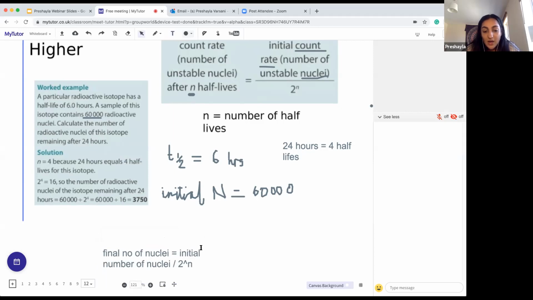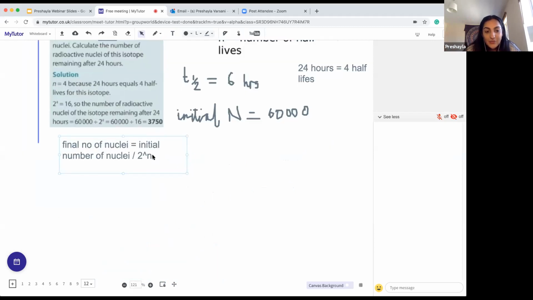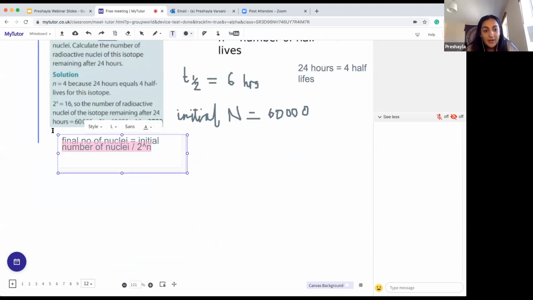Okay, so it's a nice way of representing the relationship between the final number of nuclei and the initial number of nuclei after a certain number of half-lives have passed. Now we know that n is 4 because it's the number of half-lives which have passed, so we can replace n with 4.